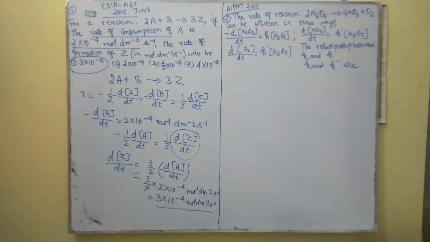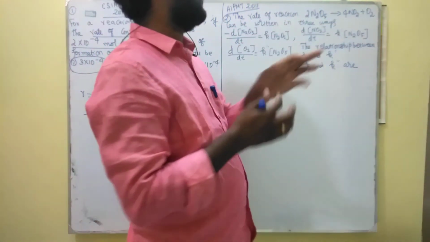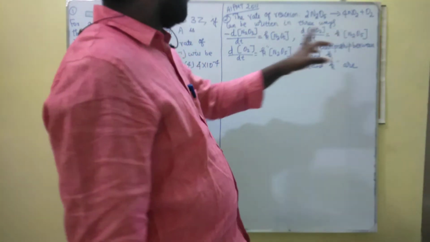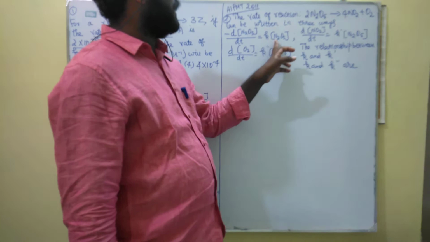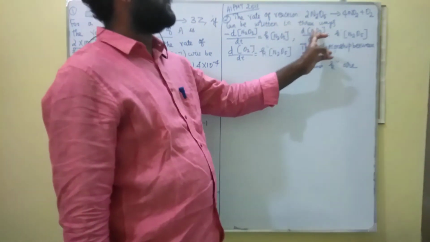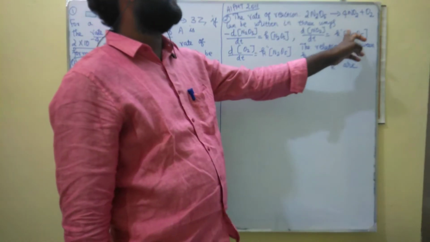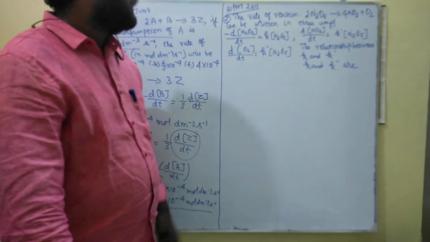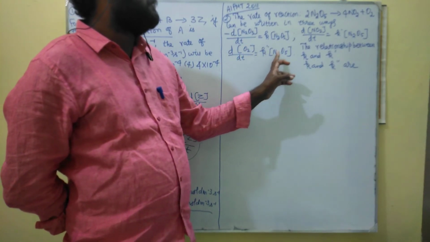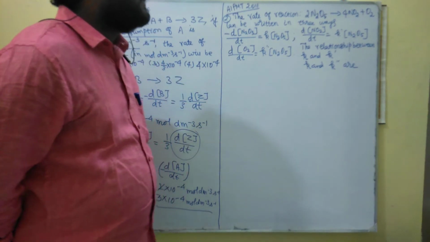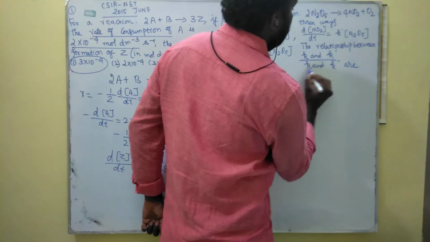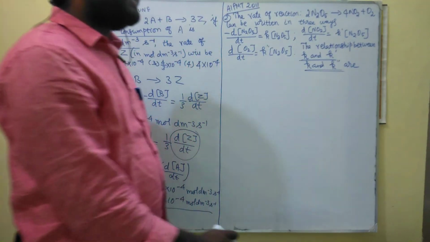For this particular chemical reaction, the rate can be written three ways: minus dN2O5 by dt is equal to K N2O5, this is given; dNO2 by dt, that is change in concentration of NO2 with respect to change in time, is K prime concentration of N2O5; change in concentration of oxygen with respect to time is equal to K double prime concentration of N2O5. The question is, what is the relationship between K and K prime and K double prime?